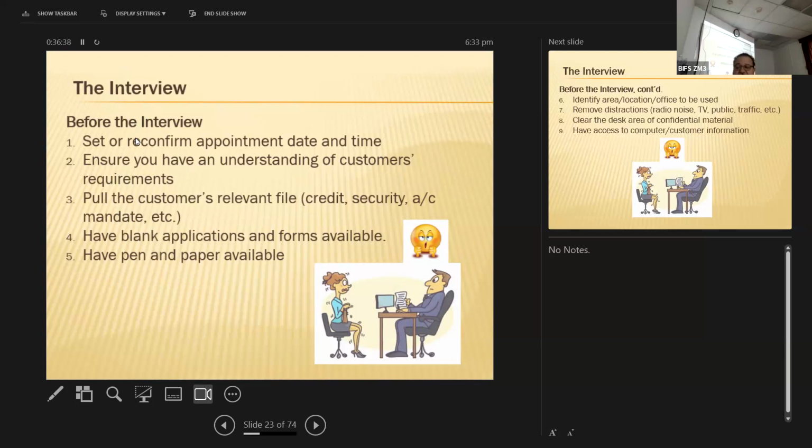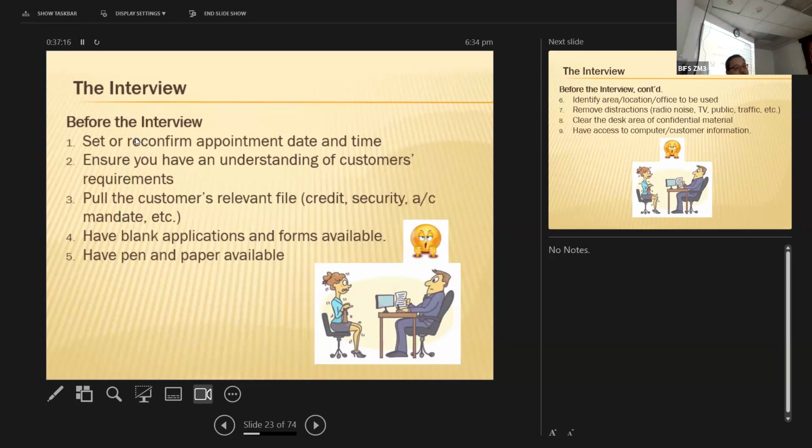We're talking about existing clients, so you want to pull the customer's relevant file. If it's a loan application, either you are marketing them or they're calling you, you want to pull the customer's current credit file, and if you're allowed to see the collateral security file, also look at any account mandates to make sure that the individual or individuals are the persons who will be signing on those accounts.